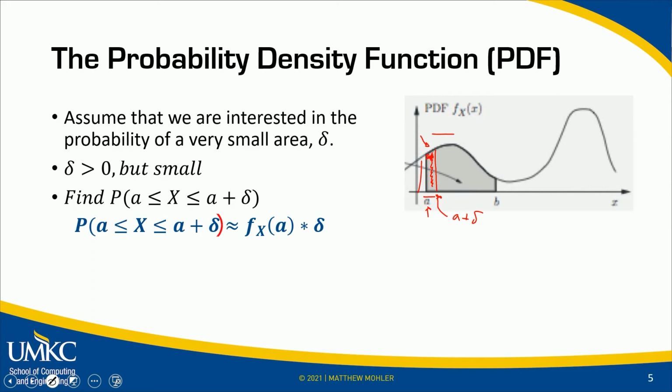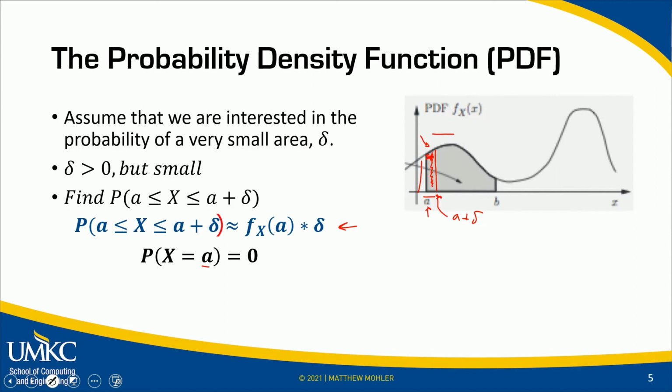Now, something that we can look at is that as delta gets really, really small, and ultimately as delta approaches 0, then this equation right here also approaches 0. Doesn't matter what the probability density function at A is. If delta is 0, then the probability is 0. So from that, what we can find is that ultimately the probability that this random variable x, when it's a continuous random variable, is equal to any specific value, that probability is 0.